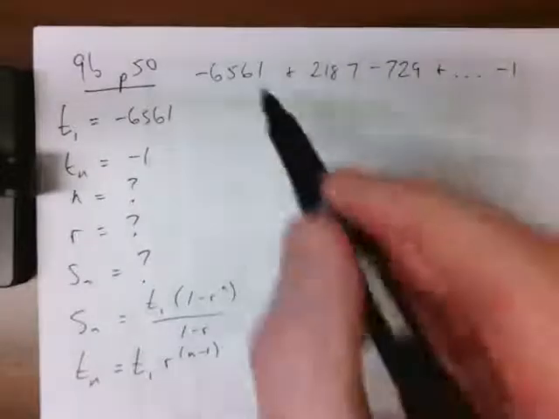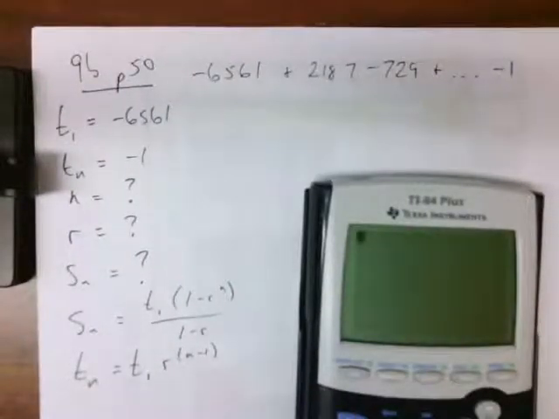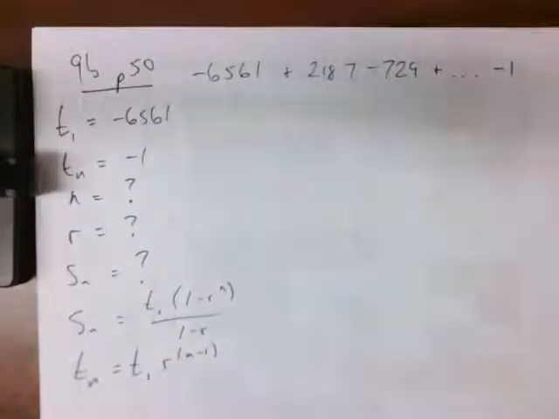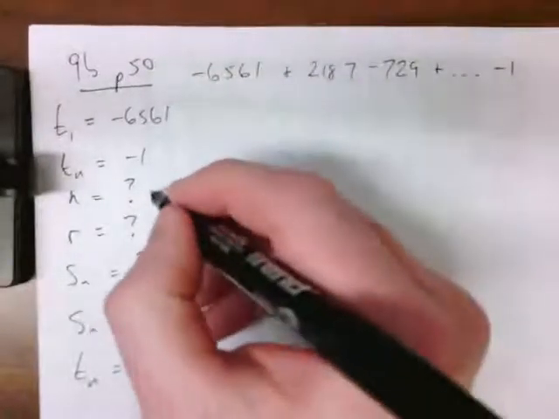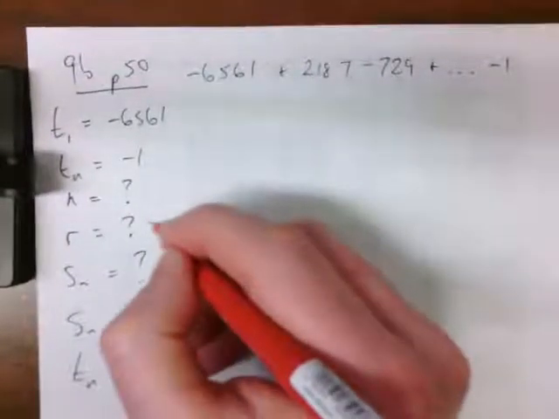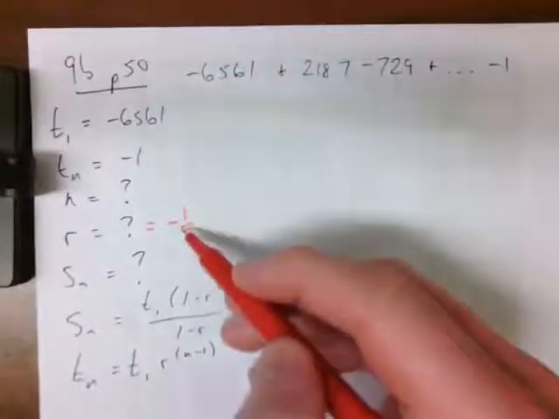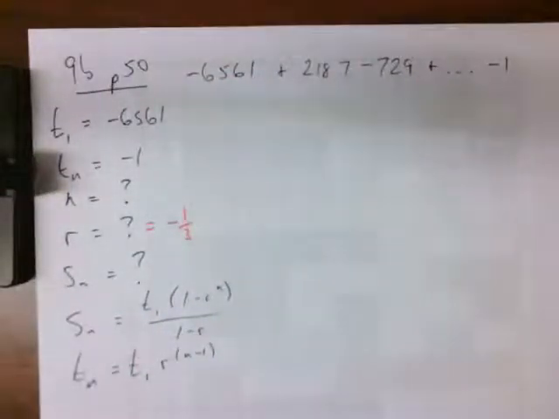Okay, this looks like it's a factor of 3, so I'm just going to double check. Negative 6561 divided by negative 3 is 2187. Yeah, okay. So r equals negative 1/3. 6561 times negative 1/3 equals positive 2187.